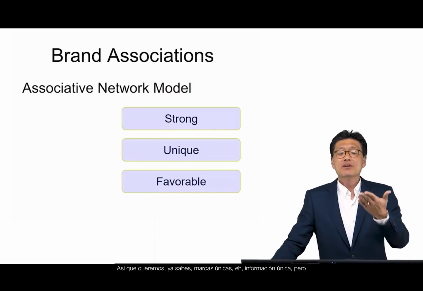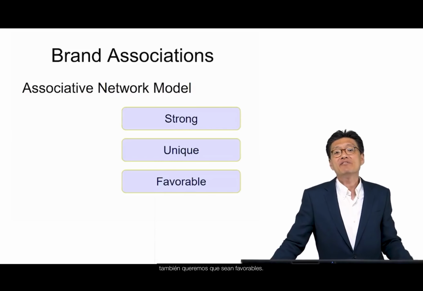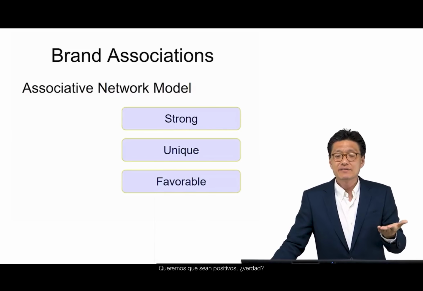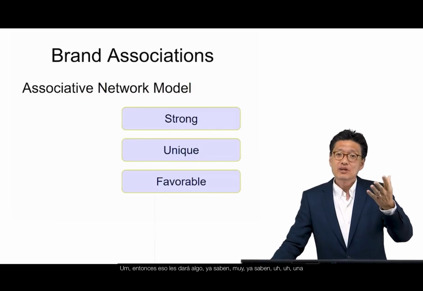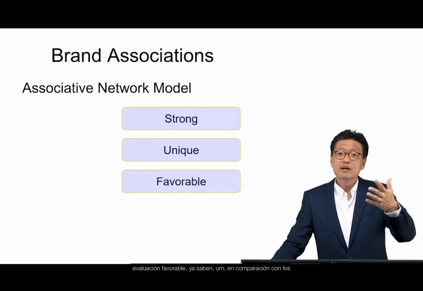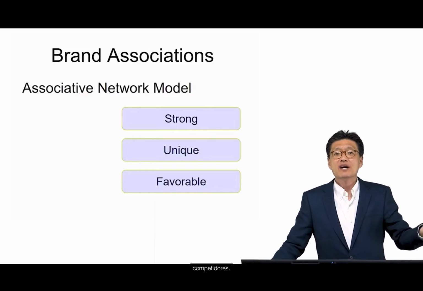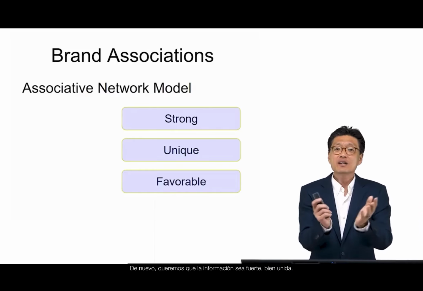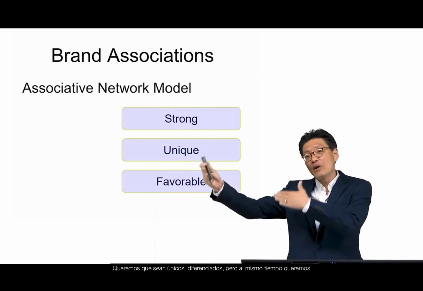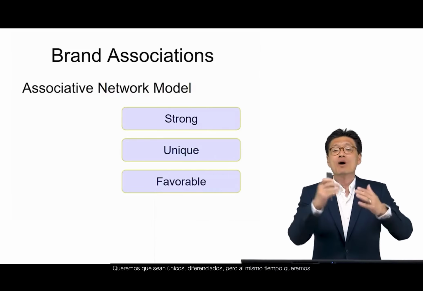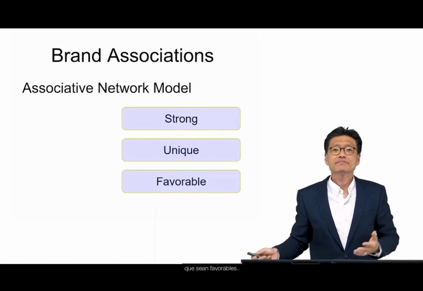So we want unique information, but we also want it to be favorable. We want it to be positive. That's going to give you a favorable evaluation compared to the competitors. So again, we want the information to be strong, tightly knit. We want it to be unique, differentiated, but at the same time, we want it to be favorable.